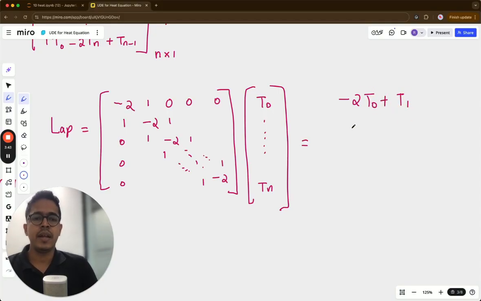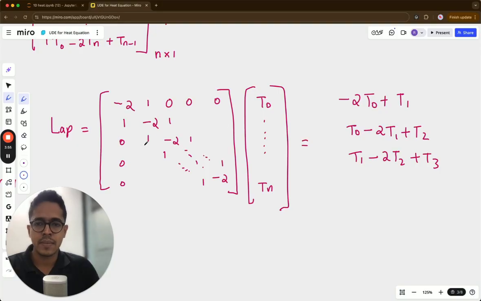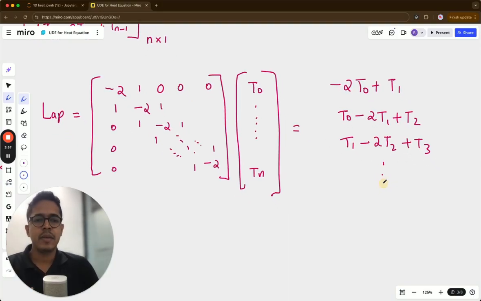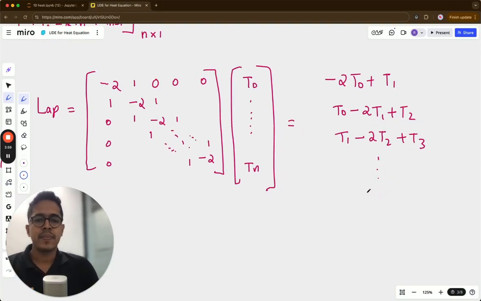The second element would be T0 minus 2T1 plus T2. The third element would be T1 minus 2T2 plus T3. Is this correct? Yes. And the last element would be Tn minus 1 minus 2Tn.